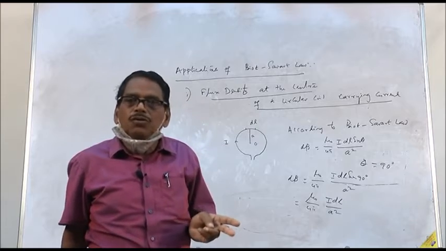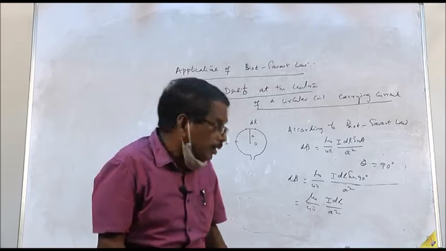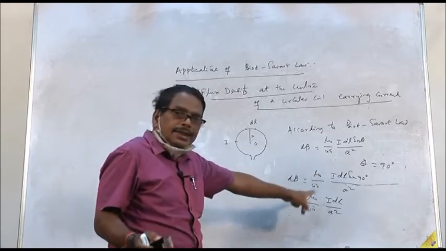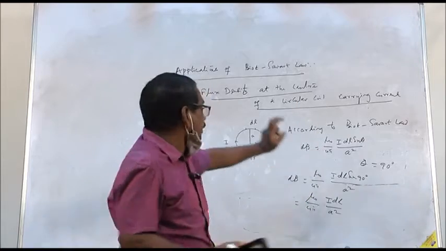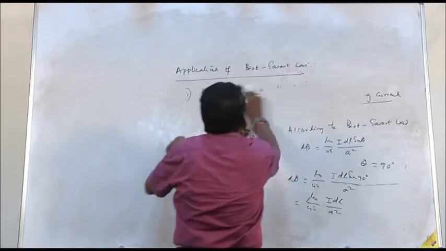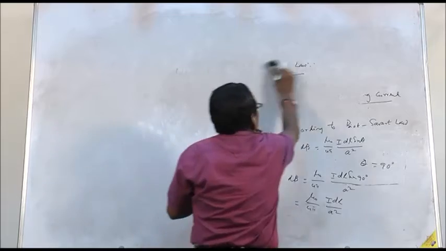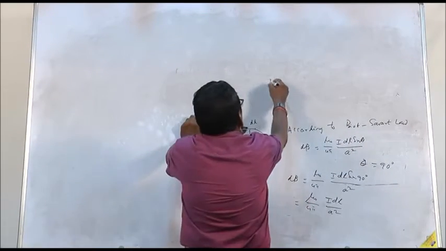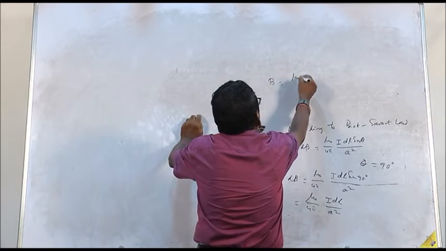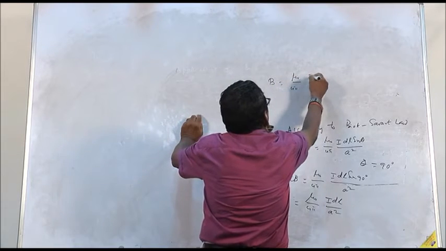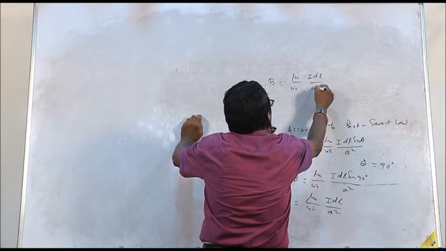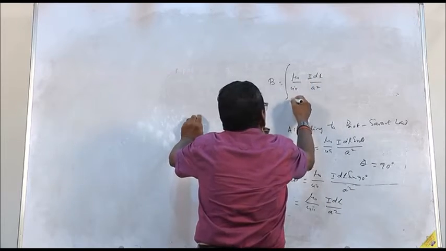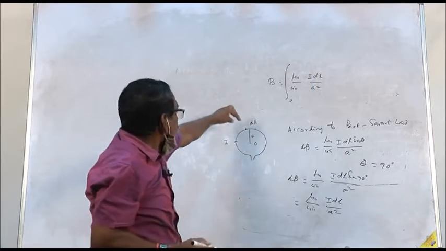Our aim is to find out the flux density due to the entire coil. For the entire coil, you can integrate it or you can sum it. So, for the entire coil, flux density B will be mu 0 by 4 pi I dl by A square, integrated.